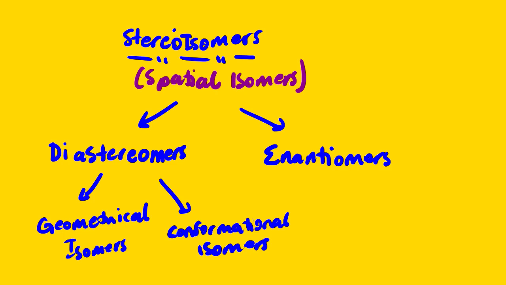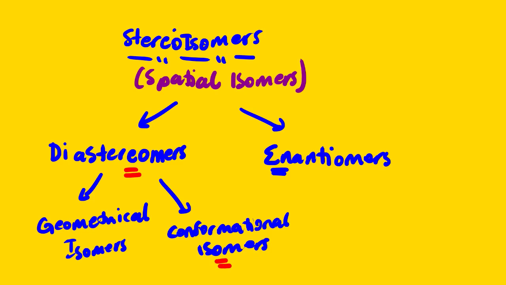If you can check one of the lesson series, we do explain enantiomers together with chirality of a carbon or a certain structure. So today we'll be looking at the diastereomers. Under the diastereomers we'll be looking at conformational isomers.